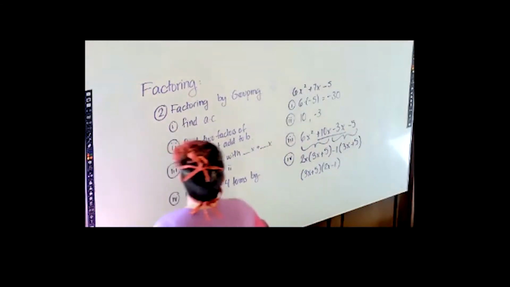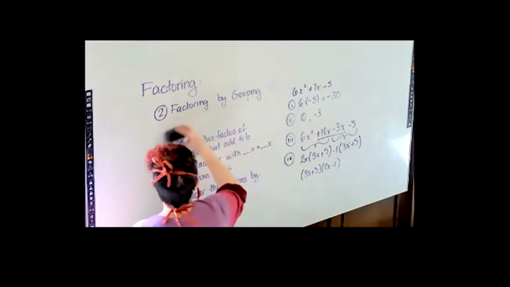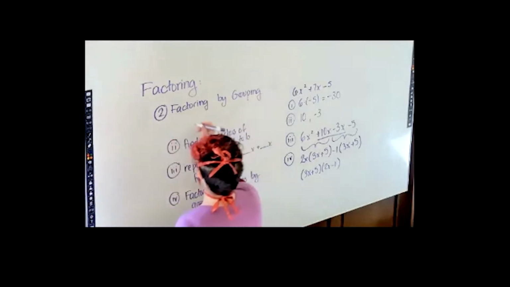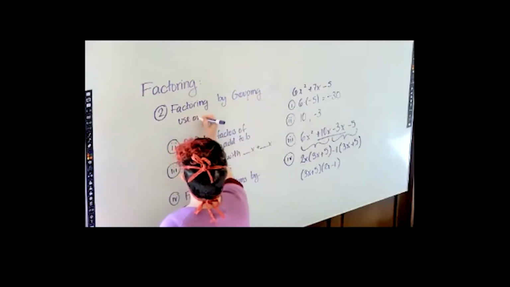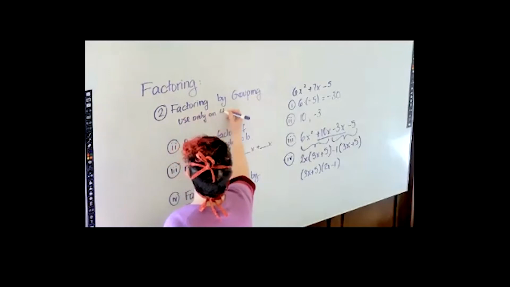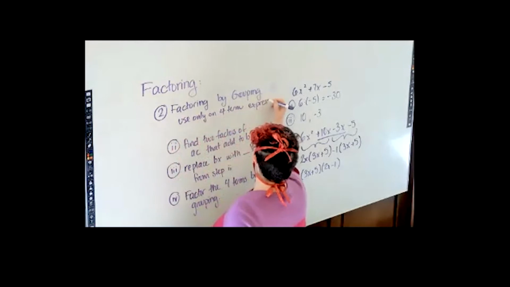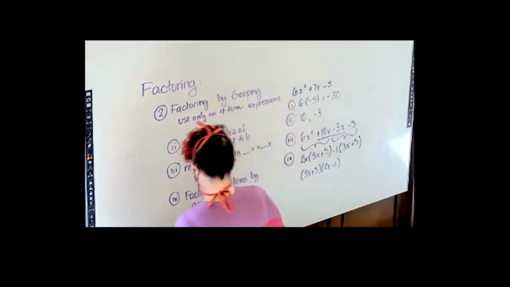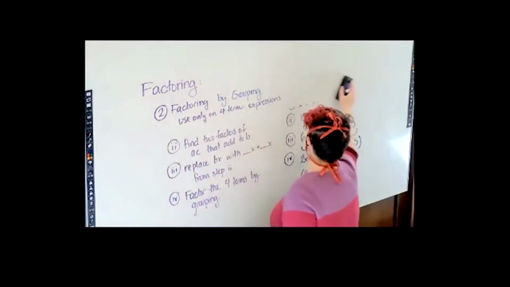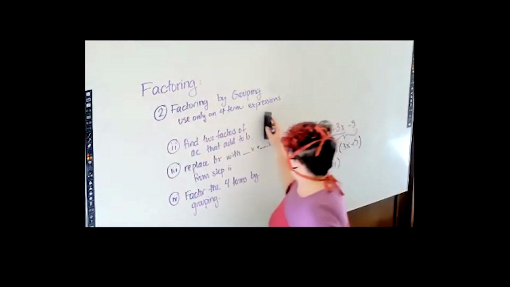Okay. Factoring by grouping is different in that you use it only on 4-term expressions. So you need 4 terms for factoring by grouping.